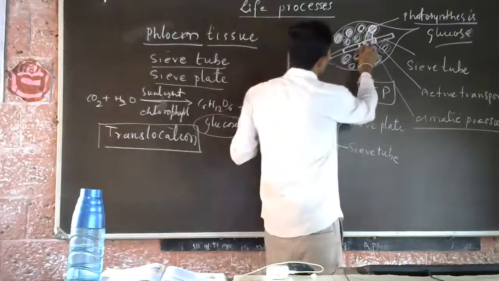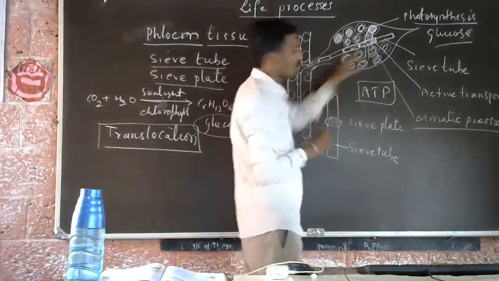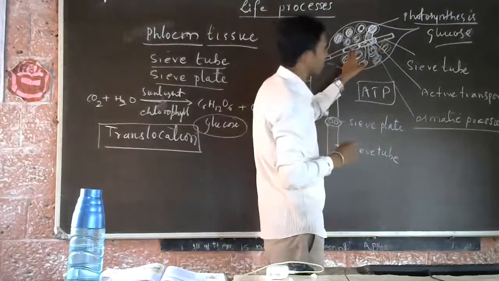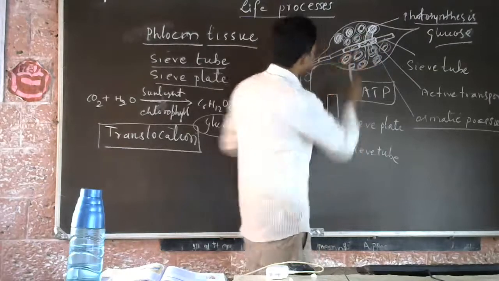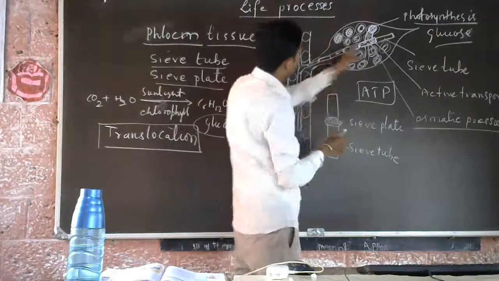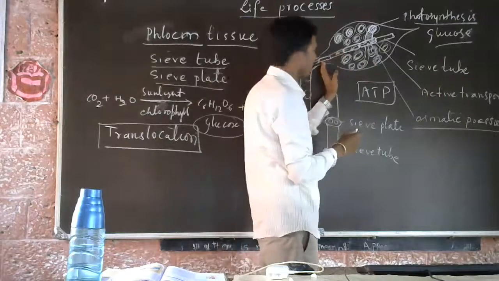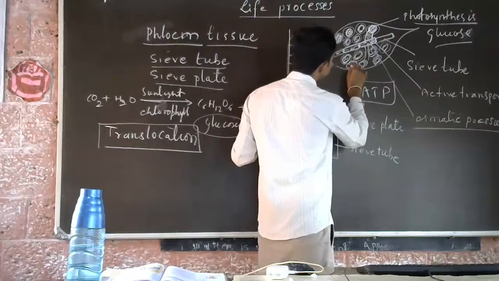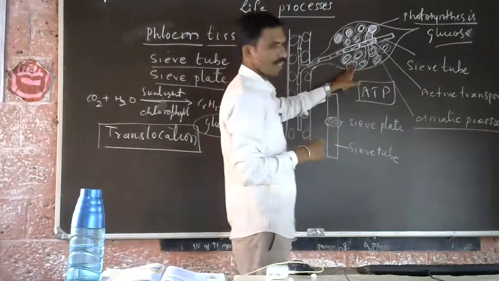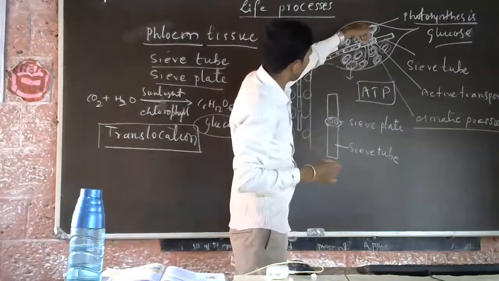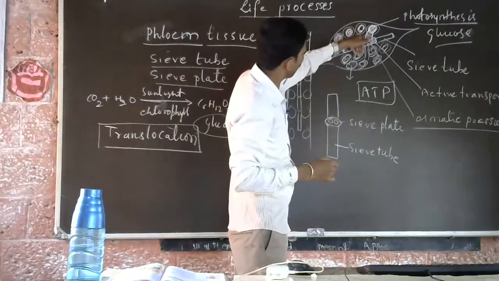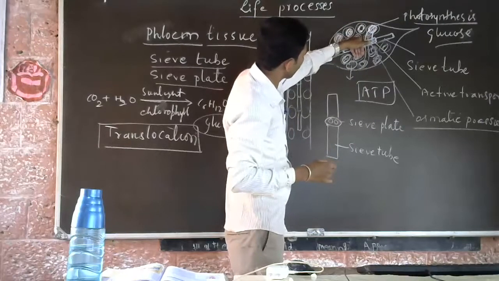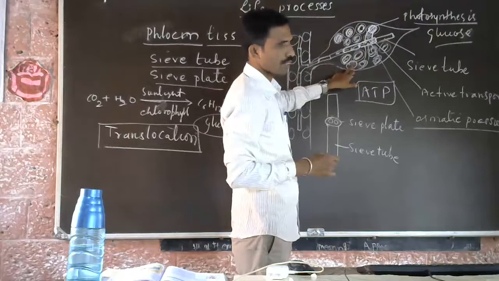So from there it moves to the next cell because it has a lower concentration. Similarly, it moves to the next cell. Think that somewhere here there is a low concentration cell. The food movement will happen from higher concentration to lower concentration, again and again like this.